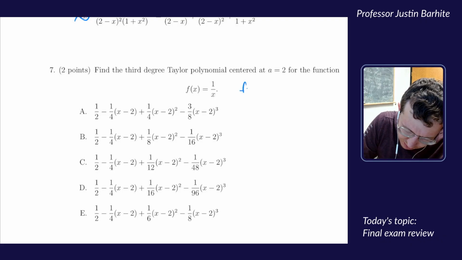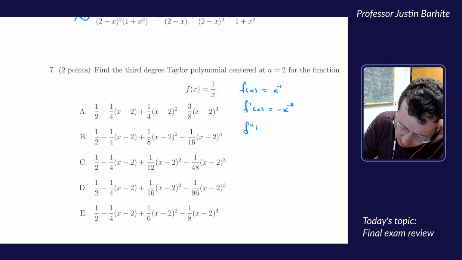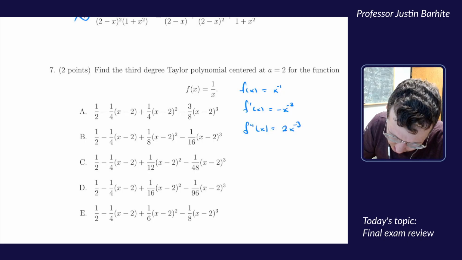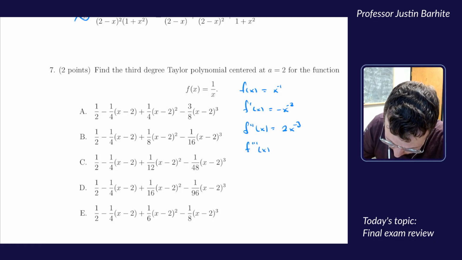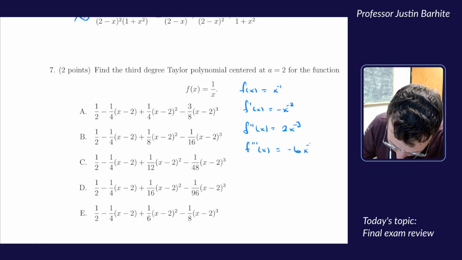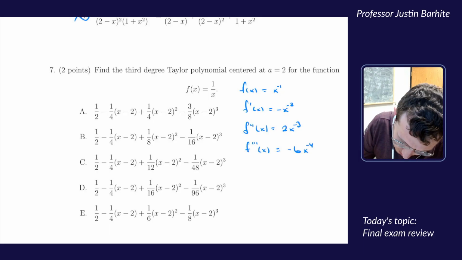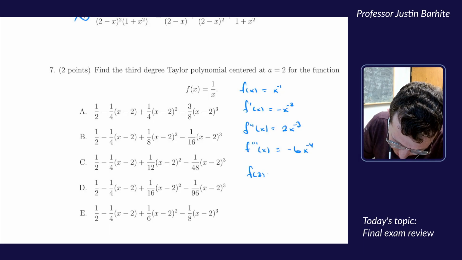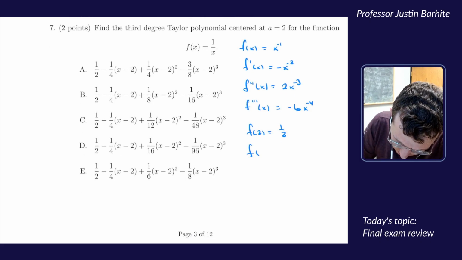I'm going to rewrite f as x to the minus 1 to make it a little bit easier to take these derivatives, which I do by just repeatedly applying the power rule. And now let's plug in 2 to all of these derivatives.